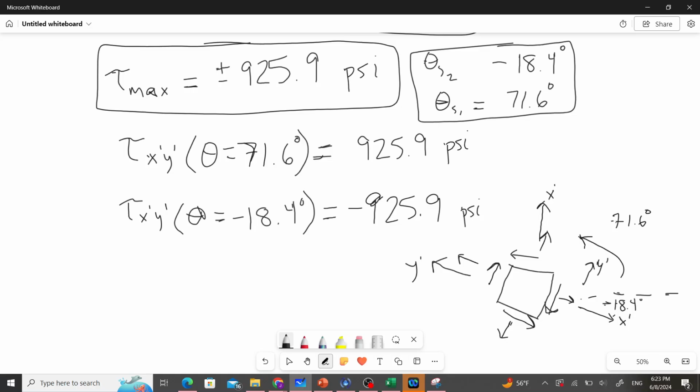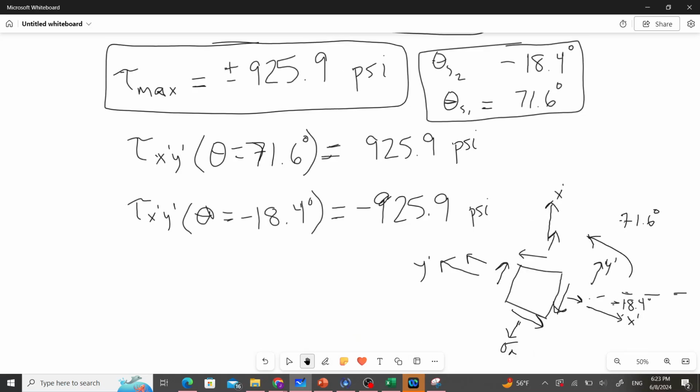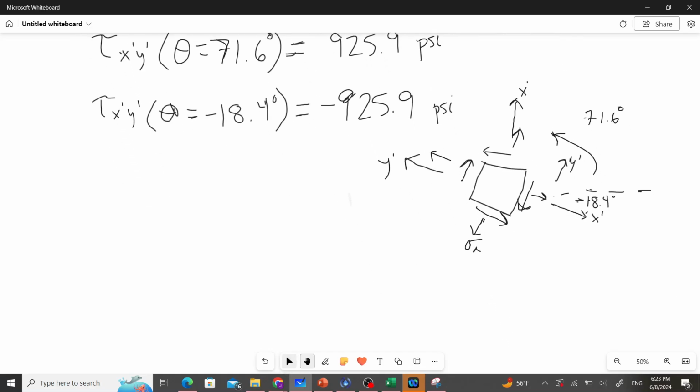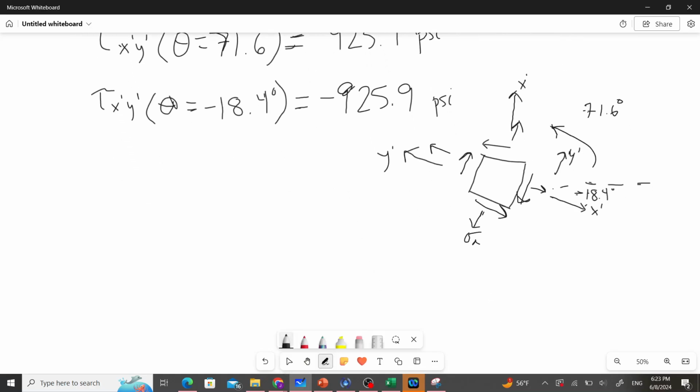And these normal stresses are equal to what we're going to call sigma average. We weren't asked to compute this in this problem, but I just want to make note of it. It's getting a bit messy now, I know, but when we have our max in-plane shear, just remember there's still a normal stress that exists on that element, and that's equal to sigma average.